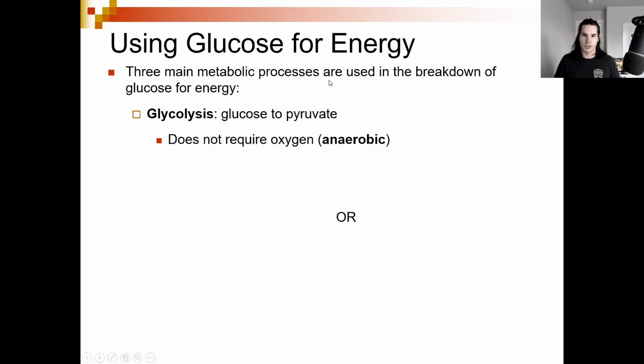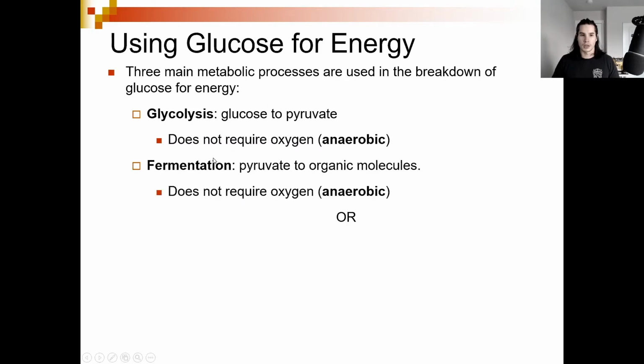So there's 3 main metabolic processes that are used in the breakdown of glucose. Glycolysis is first. As soon as glucose enters the cell, you will undergo the process of glycolysis to break it down. This process does not require oxygen, and it's going to be happening within your cytoplasm.